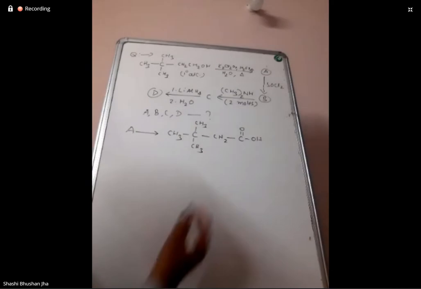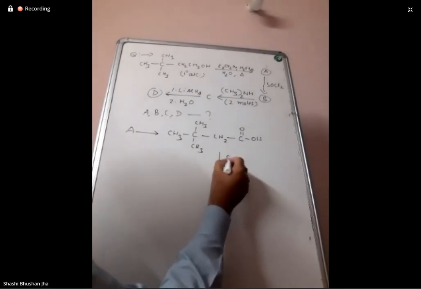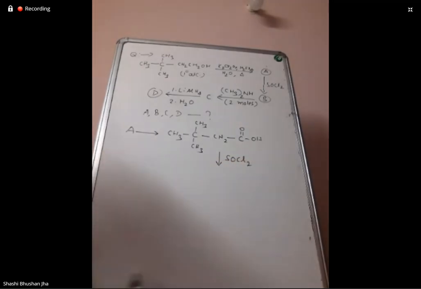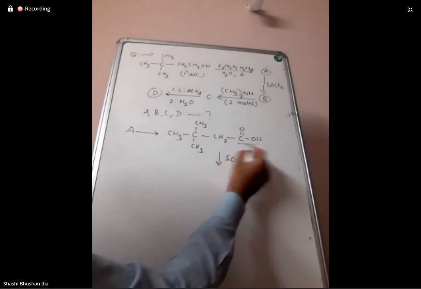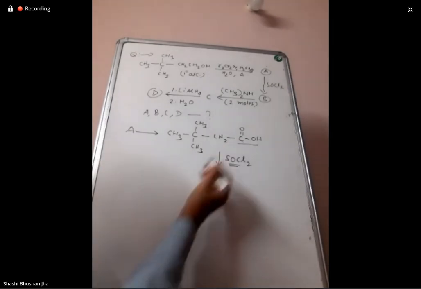Now this carboxylic acid is reacted with thionyl chloride. You know, whenever carboxylic acid is reacted with thionyl chloride, acid chloride will be formed.